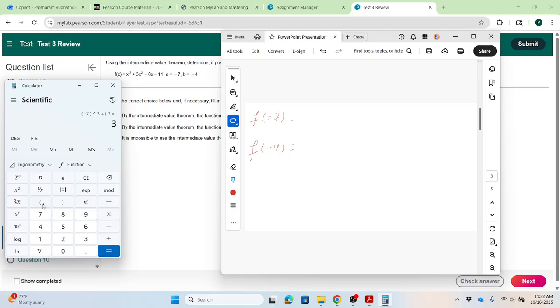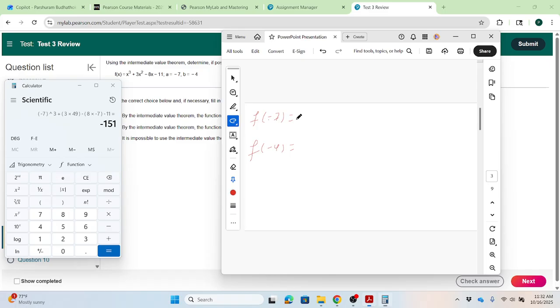So -7 squared means 49, because -7 times -7 is 49. I'm doing that math in my mind. Then -8 times -7, so I write 7 and plus minus, then -8 minus -7, so -11. After that, the answer is -151.